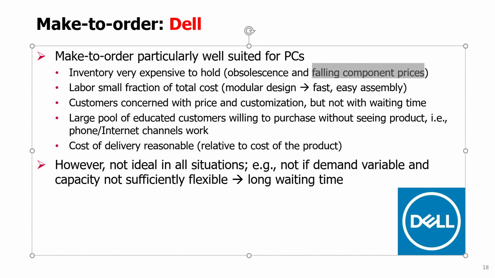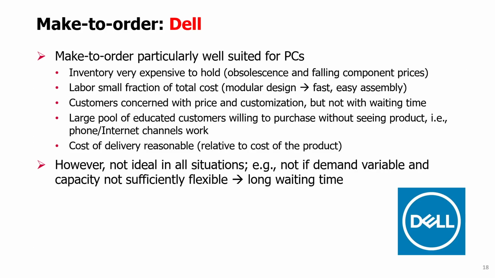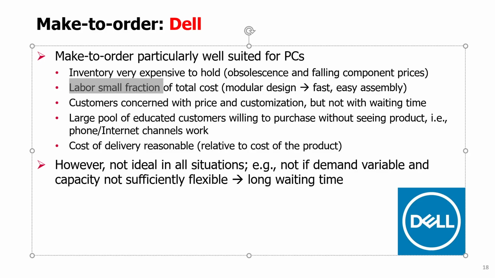The reason for that is, for example, that component prices are constantly falling, new improved components are introduced, and because of this, you have to discount the older components or the PCs that use older components. Also, labor is a small fraction of the total cost, the assembly labor.